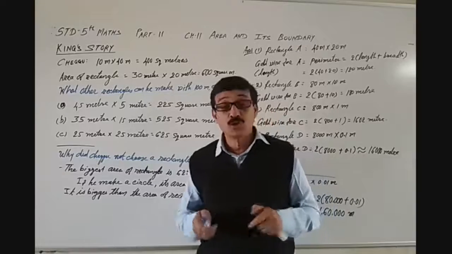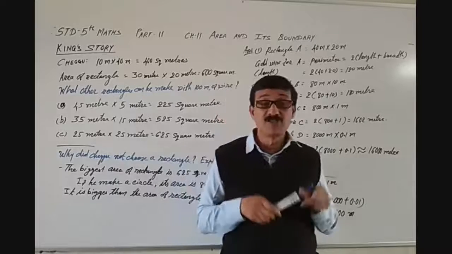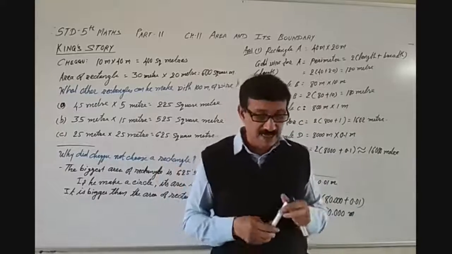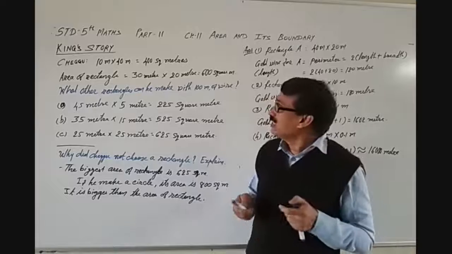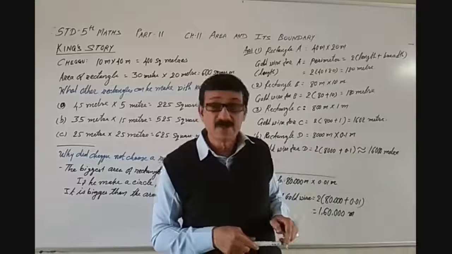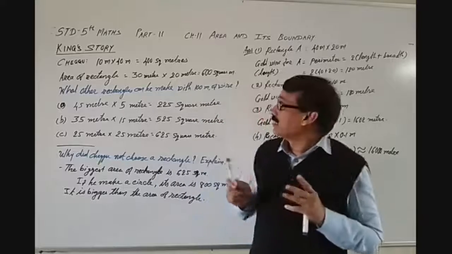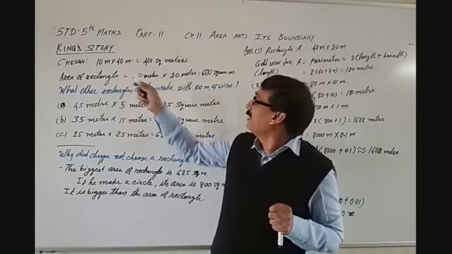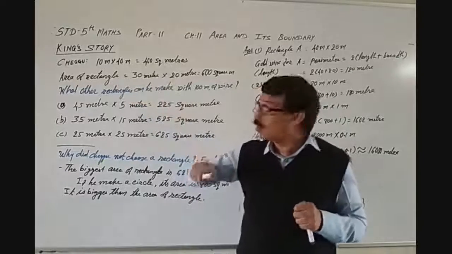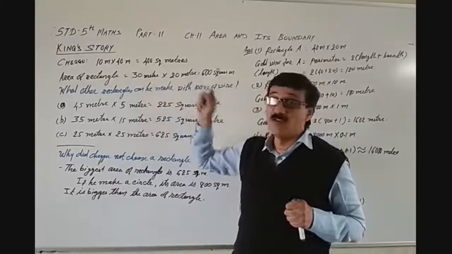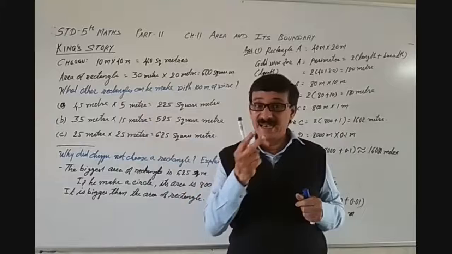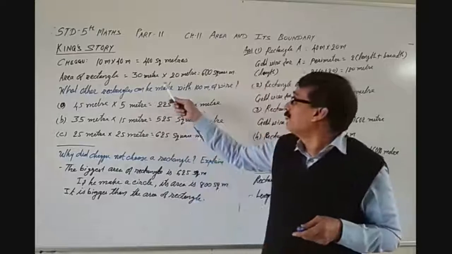Then he next made a 30 meter by 20 meter rectangle. So what is its area? Is it more than the first rectangle? See, the first rectangle was 10 meter by 40 meter and its area was 400 square meters. Now the second rectangle he made was 30 meter by 20 meter.